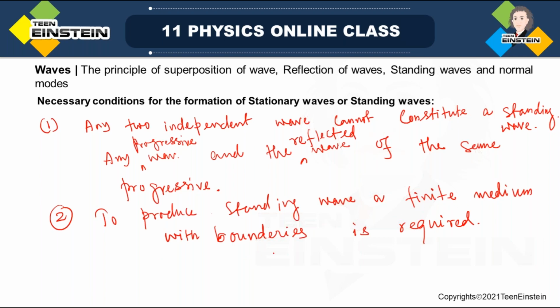A finite medium with boundaries, at least two boundaries, is required to produce a stationary wave. That is another point.